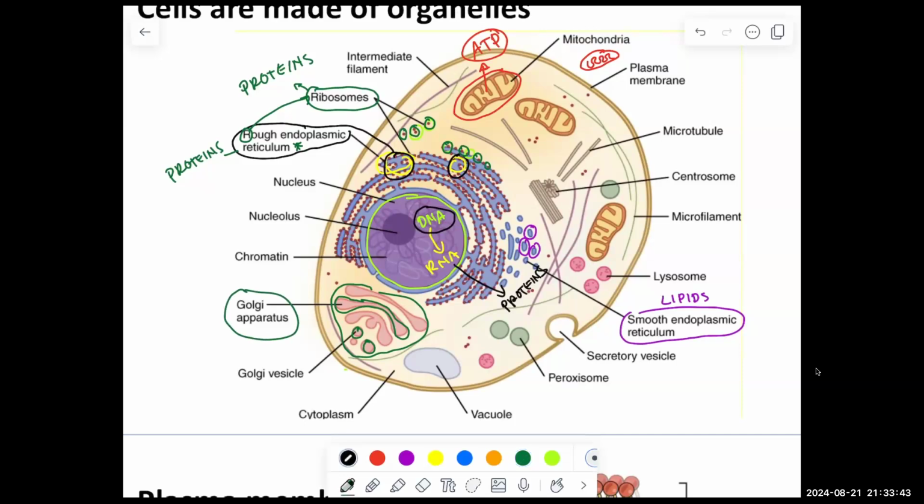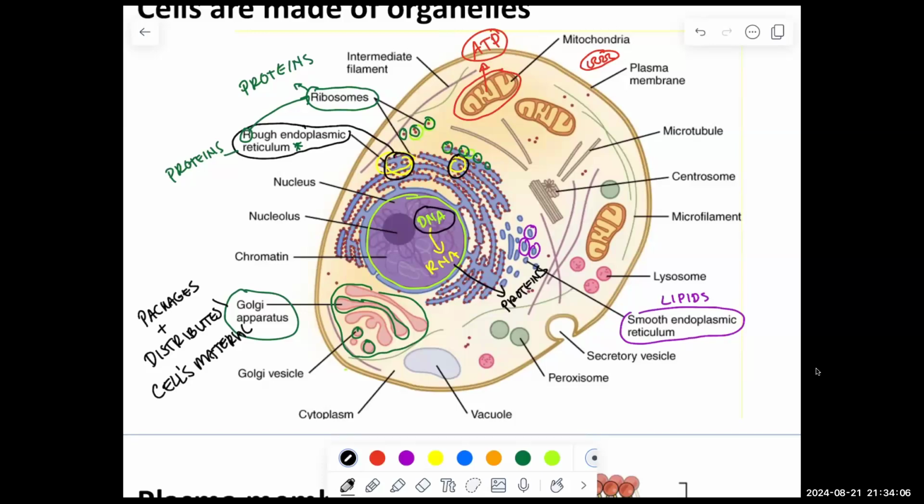The Golgi is responsible for packaging and distributing the materials the cell makes. So it receives proteins from the rough endoplasmic reticulum.